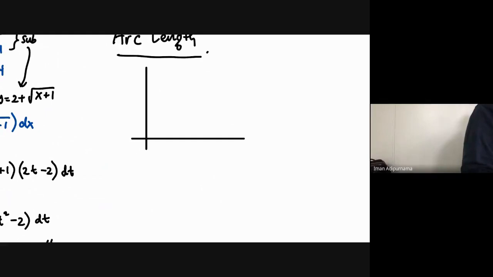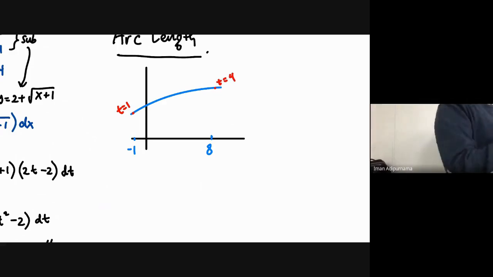Let's just use a similar curve like this. This is -1, this is 8. And this is t1, this is t2. The same functions as previous, okay?